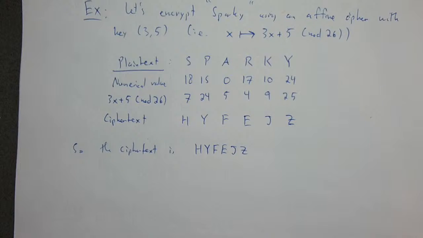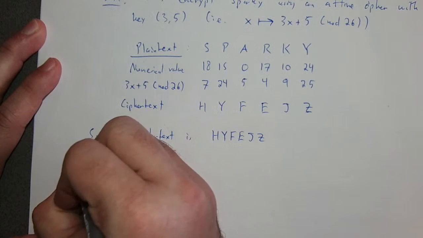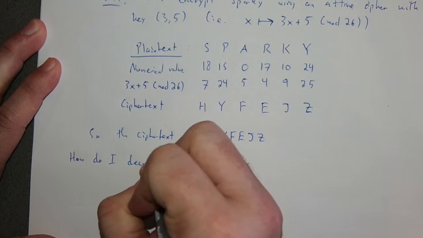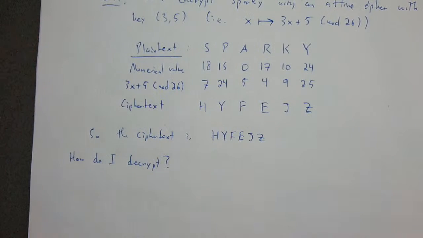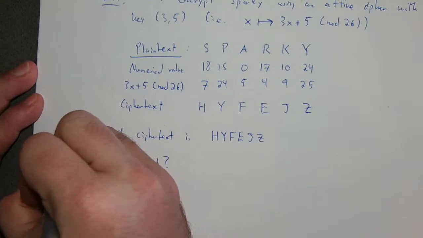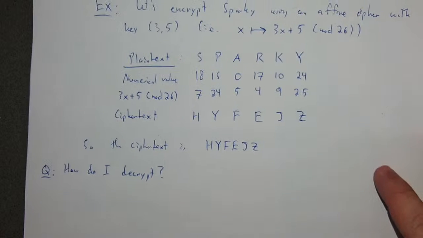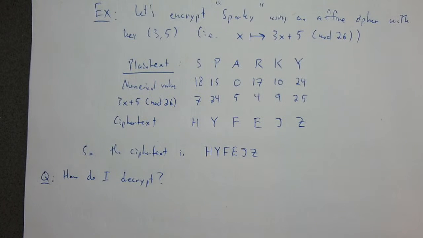So how do I decrypt? Before I get into that, I'm going to ask a question, intentionally not answer it, and then go through the question of how I decrypt.